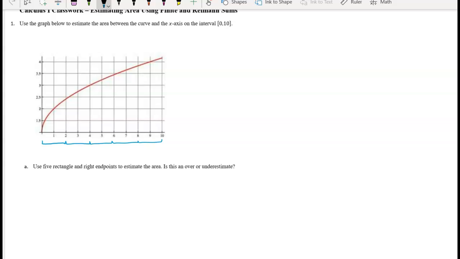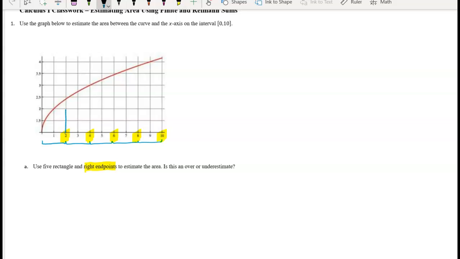The rectangles are going to be determined by the right endpoint, so that's going to be from the right-hand side. I want a highlighter. There we go. I want to grab the right-hand side of each rectangle to be the height of the rectangle. So the right-hand endpoints are going to be at 2, 4, 6, 8, and 10.